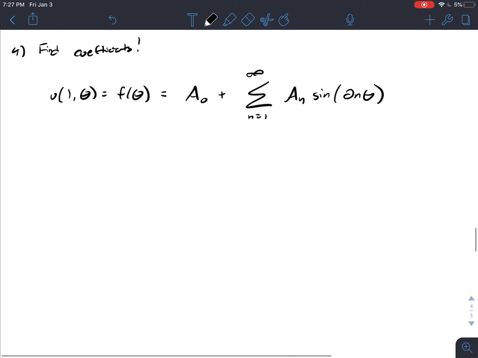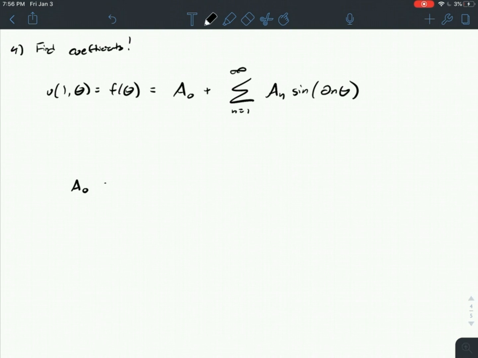Okay. So our first problem here is finding the coefficient value for a0, and if you've watched my orthogonality video, or if you've practiced enough, you should be able to pluck the solutions just by looking at these. So the solution to a0 for this specific case is going to look like 1 over the total path length. The path length being pi over 2, so 2 over pi, times the integral from 0 to pi over 2 of f of theta d theta.